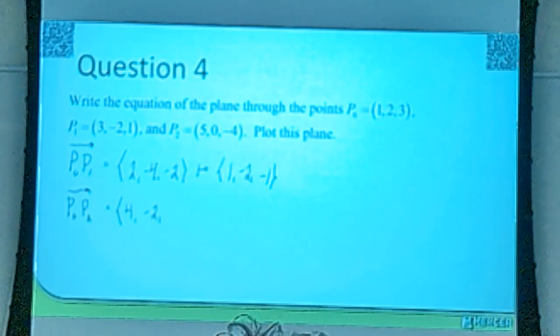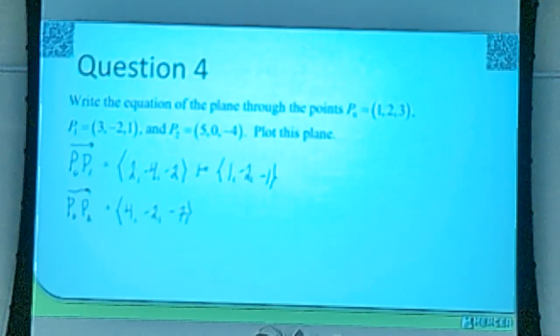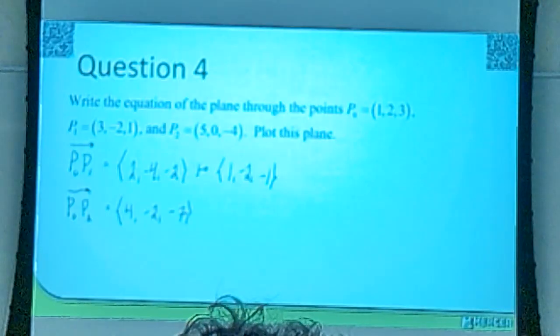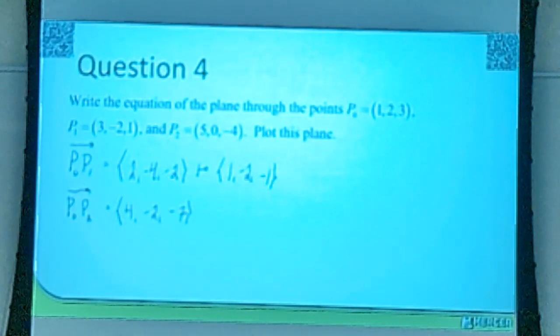I'm trying to find P0, P2. Okay. P2 minus P0... negative 7, is it? Now there's nothing to factor out. I can't shorten that without involving fractions, which is worse. Bummer. Now we have our 2 vectors.